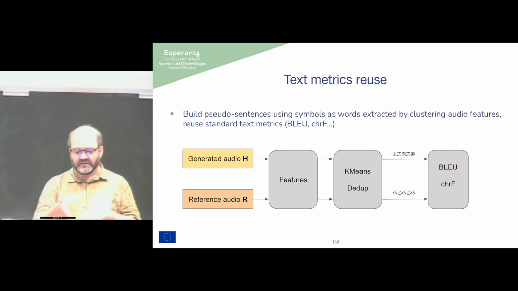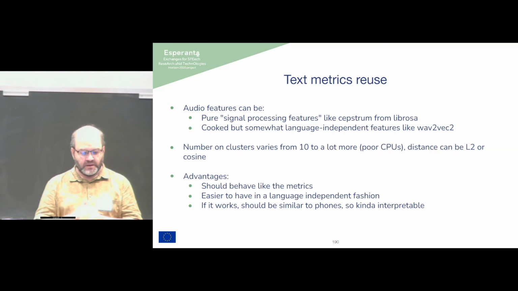And then you compare these using BLEU or chrF or whichever metric you like in translation. So the audio features could be either pure signal processing features like cepstrum, like we get from Librosa, as used in SpeechT5. We can have features that are hopefully language independent, like the result of wav2vec 2.